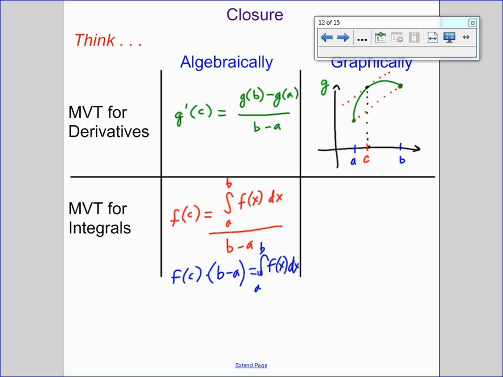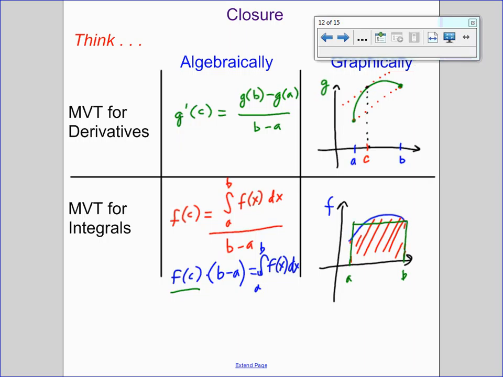If I rewrite this by multiplying that over, then we could draw this visually. Now as some function f on an interval where the exact area underneath the curve and the x-axis on the interval a to b is equal to this f of c value, which is the perfect height of a rectangle, such that when multiplied by the width of the rectangle, b minus a, is equivalent.